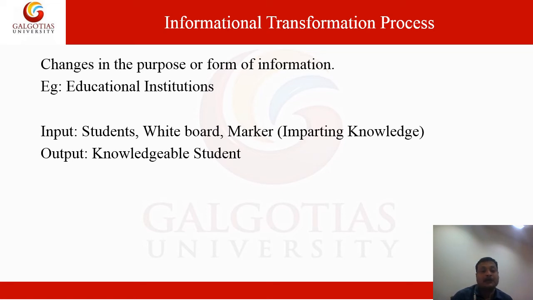The teachers, with students, whiteboard, marker, everything is helping you attain certain knowledge about that particular domain of learning. So in that case, a change in the purpose of information takes place through a transformation process. That is known as the informational transformation process.